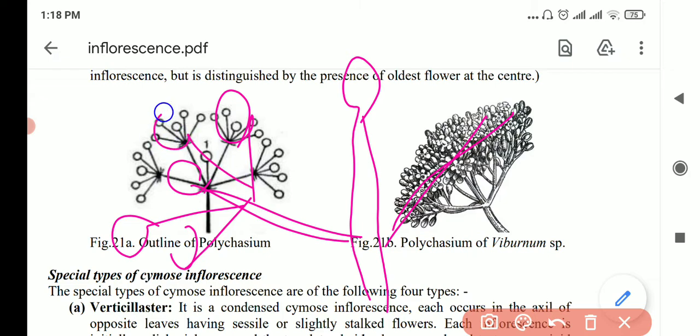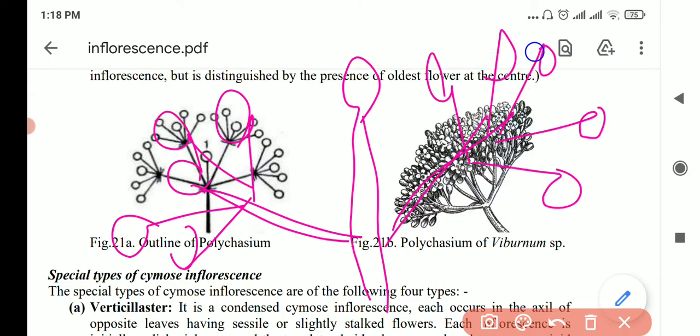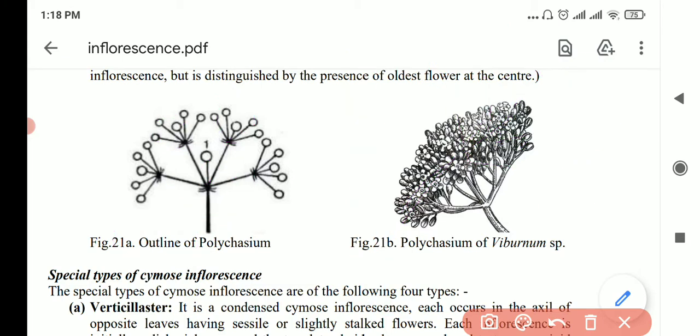So it's just like your dicasium. This is polycasium, or multicasium. Example is viburnum.